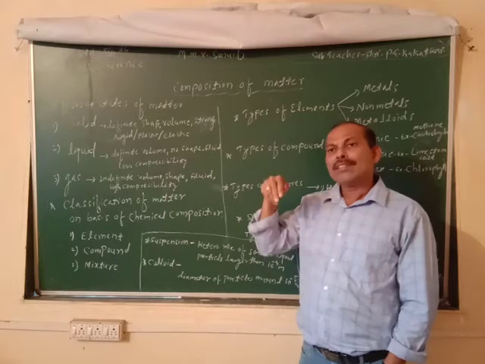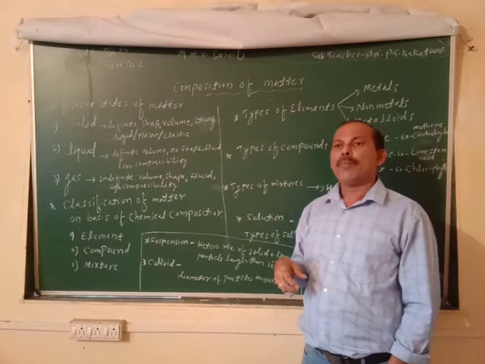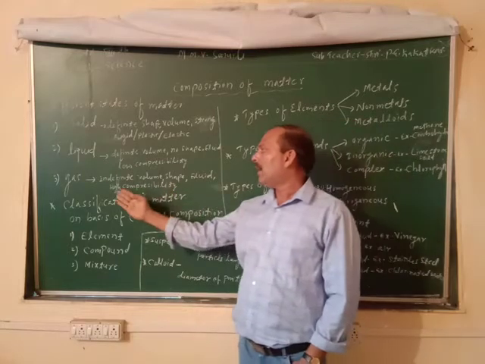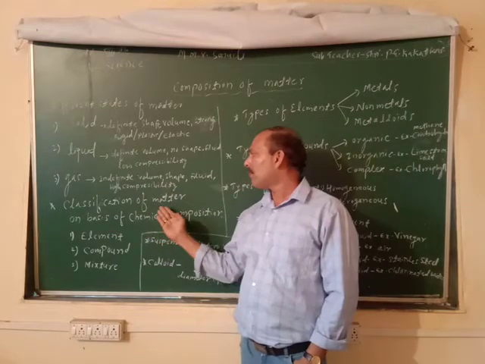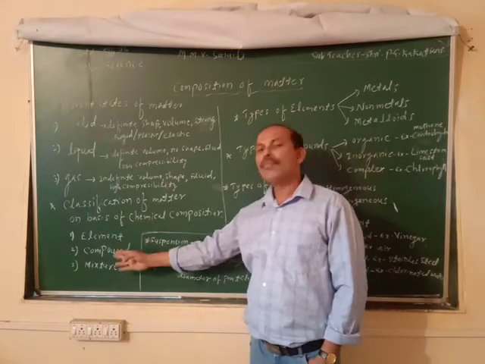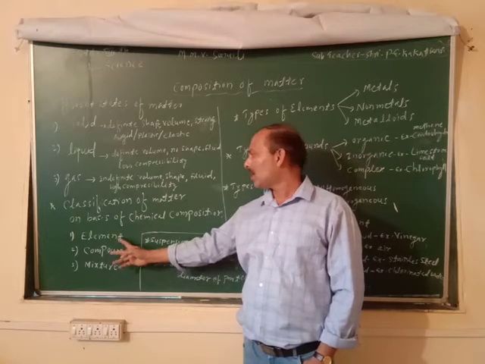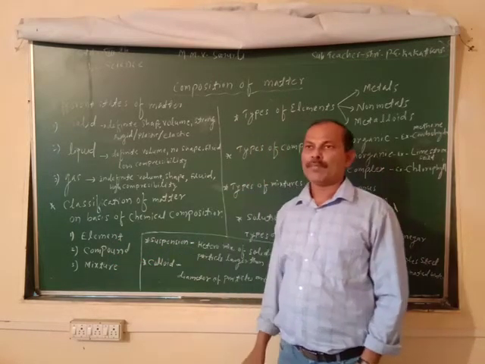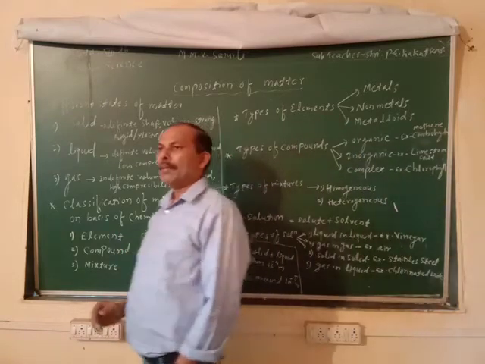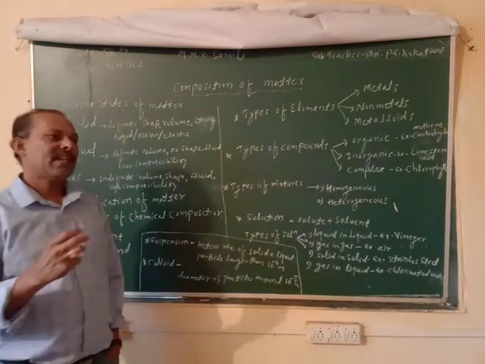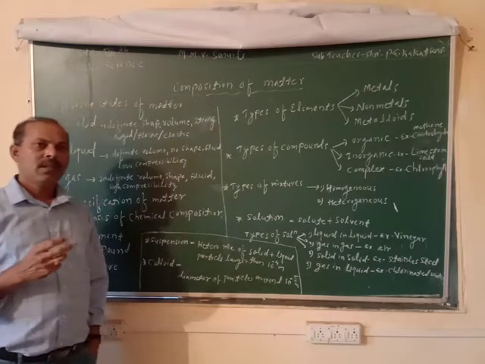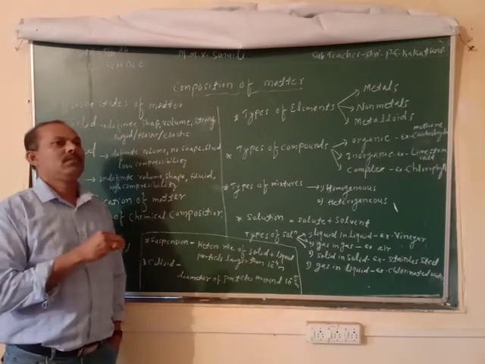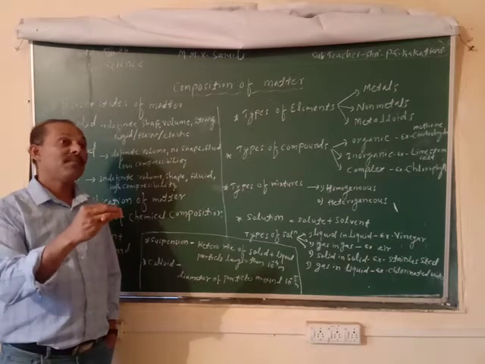Depending on the constituent of the matter, the chemical content in the matter, we can classify the matter in different types. Those are elements, compound and mixture. What is element? Element is a type of matter having the same type of content, the same type of particles.